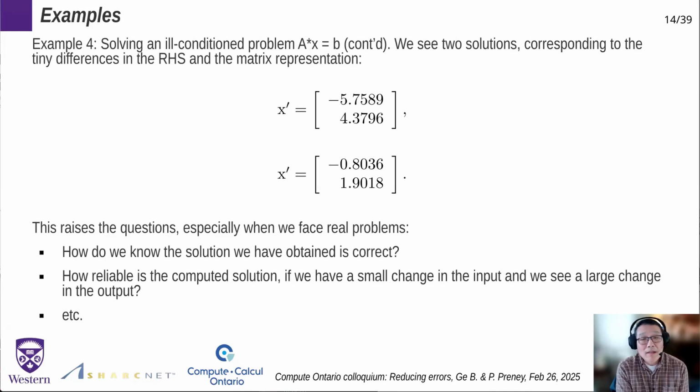Looking at this example, we might ask ourselves, how do we know the solution we have obtained is correct? Which one is correct, or which one is more correct? How reliable is the computer solution, if a small change in the input gives a large change in the output?